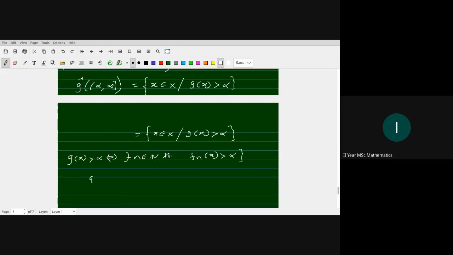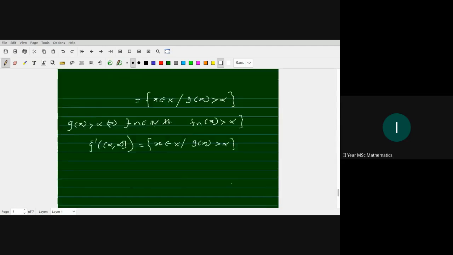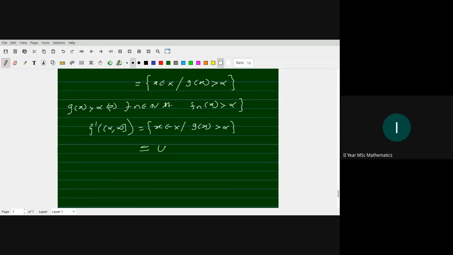So g inverse of (alpha, infinity), the set of all x in capital X such that g of x is greater than alpha, can be expressed as the union over n from 1 to infinity of the set of all x in capital X with f_n of x greater than alpha. If x is in the first set, it belongs to at least one set in this union, and the other way is also true.